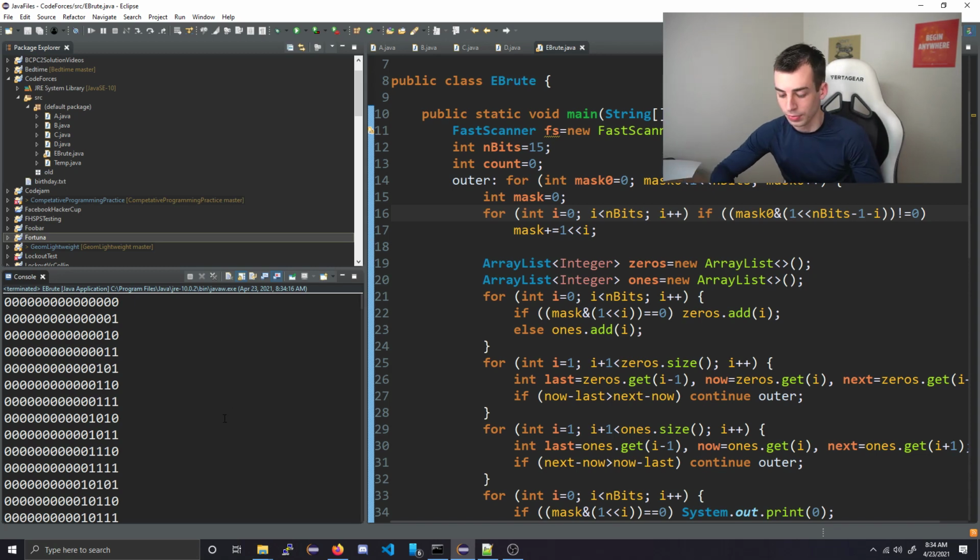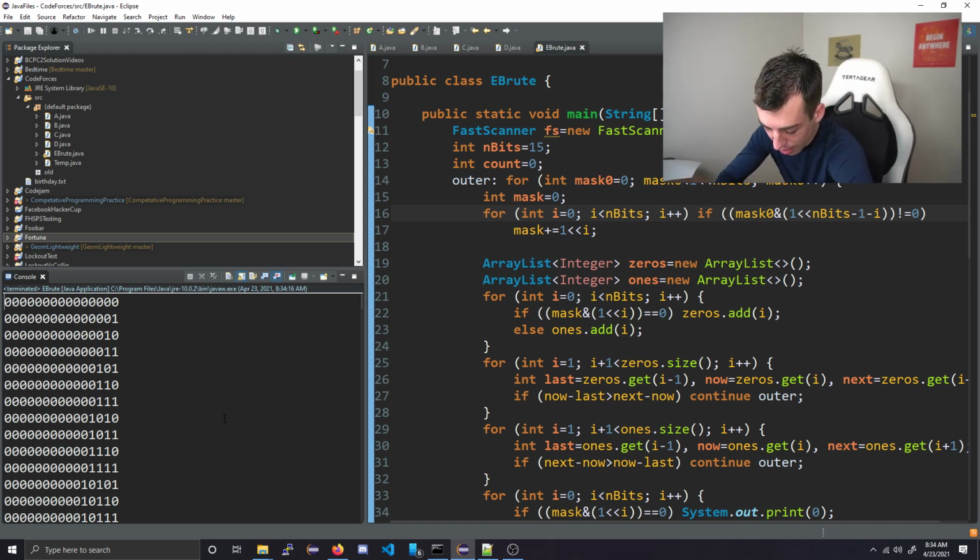Okay, so if you have 0, 0, after that you can have some things. You can have repeated zeros, and then you can have some ones: 1, 0, 1, 0. Or you can have 0, 0, 0, and then 1, 1, 1, 1 forever. Those are your two options.